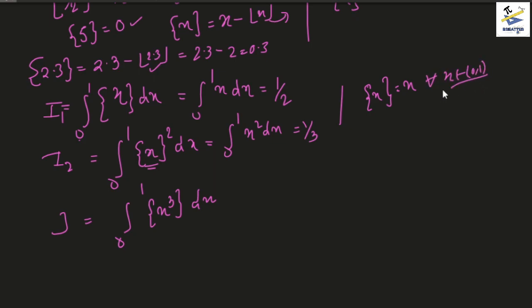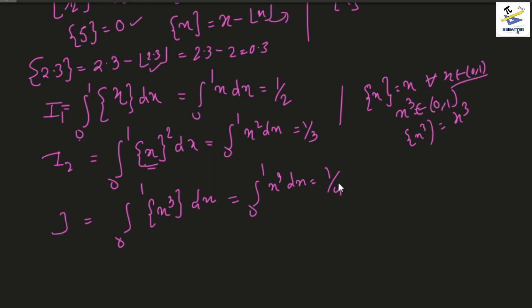But when x belongs to 0 to 1, we also know that x cube also belongs to 0 comma 1, and that means the fractional part of x cube should also equal x cube. This means this would equal the integral from 0 to 1 of x cube dx, which is 1 by 4. So in a similar way we evaluate fractional parts, right?